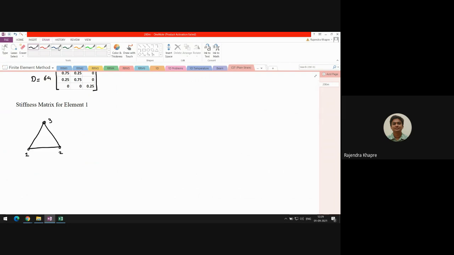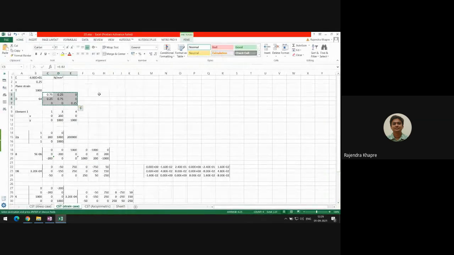Here the coordinates are 0, 0; here the coordinates are 1000 and 0; and here the value of x is 2200 and the value of y is something like 1000. So I can write the 2 delta matrix over here.